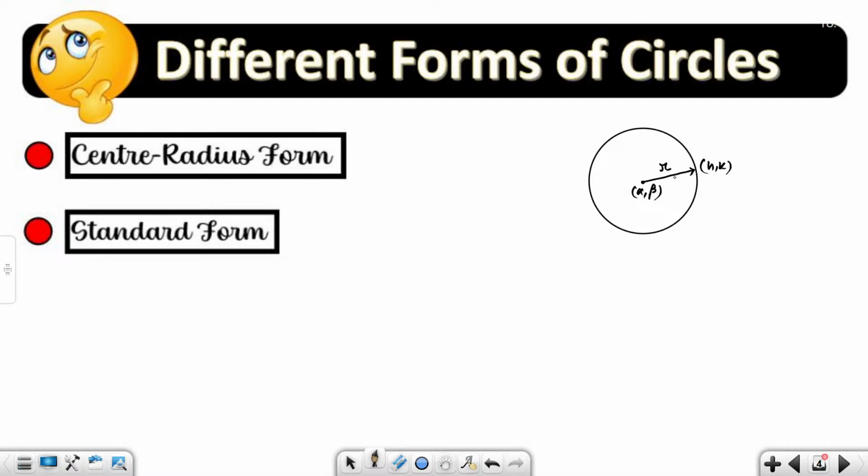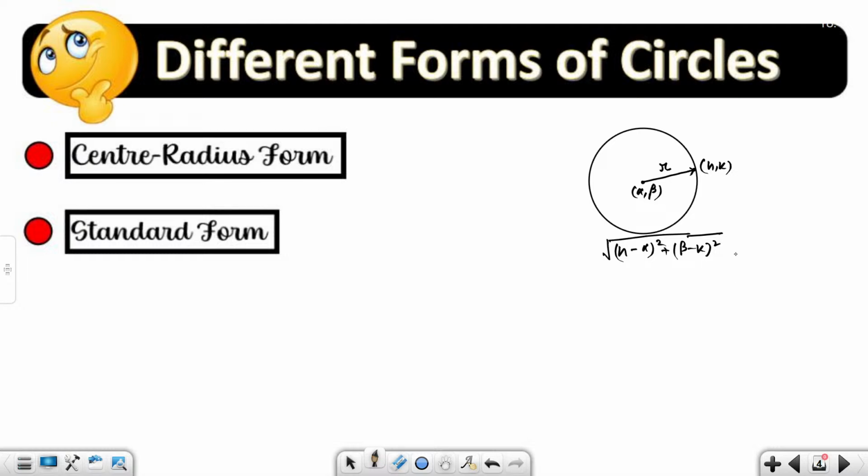What does locus mean? Here we have to find a relation which contains h, k and the given constants. So for this, if I find the distance from the center to that point, it will be under root of h minus alpha whole square plus k minus beta whole square, right? This is by using the distance formula.